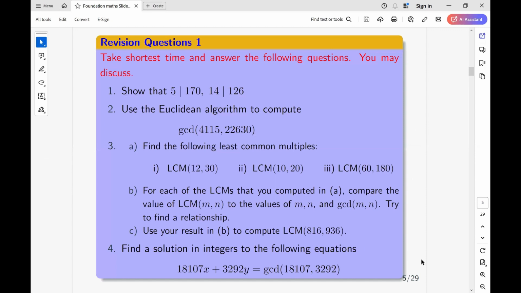Now this one I want you to do it. They want us to find the value of x and y such that 18,107 times x plus 3,292 times y will give us the GCD of these two numbers.